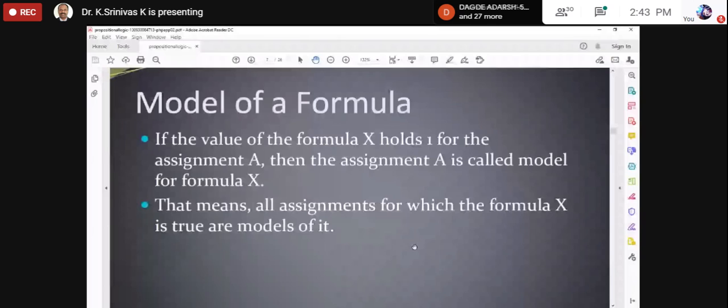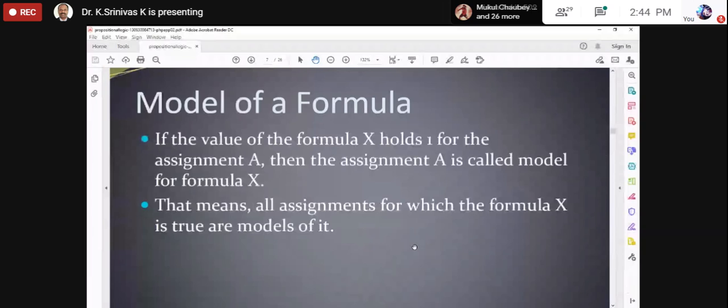Assignment A is whether to switch on AC in the car or not by the machine. What is the formula? If the temperature is greater than this, then it is this. Whether the model is going to fit or not, that we have to check.